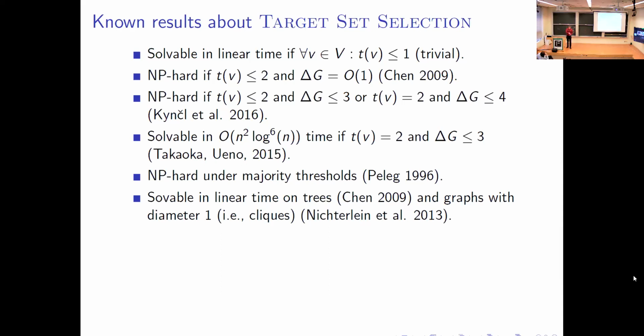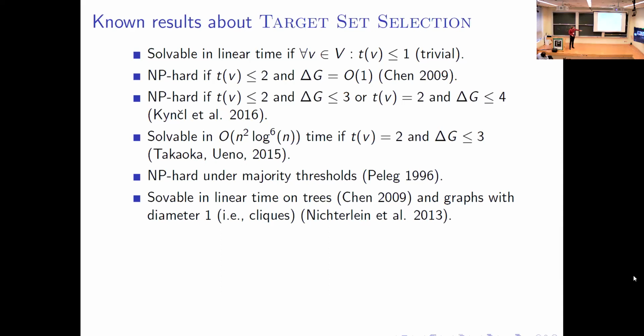You can have a vertex with threshold 1 active, and then spread it to a binary tree, and that's what makes it hard. I don't know if I answered the question, but maybe I can have a deeper look into that afterwards.